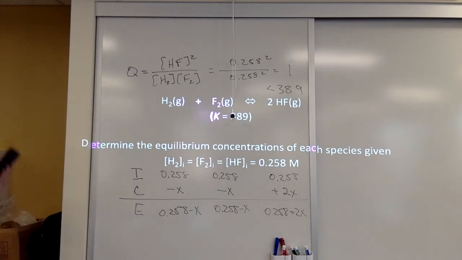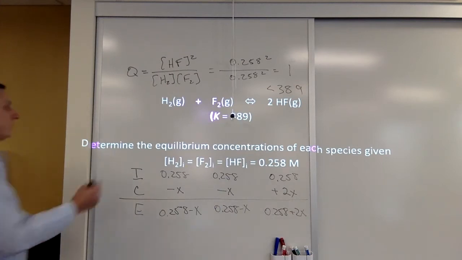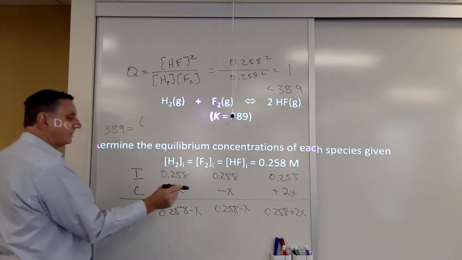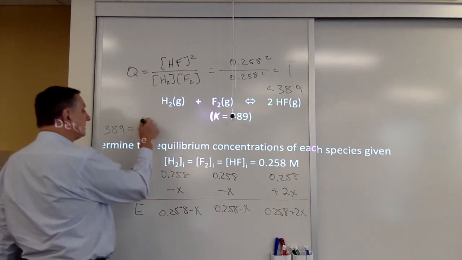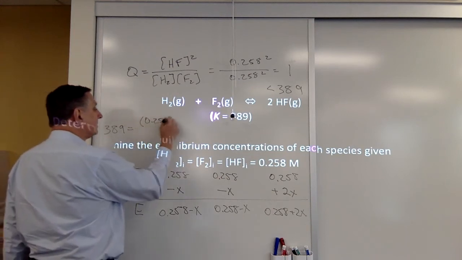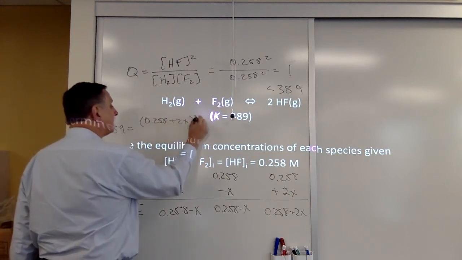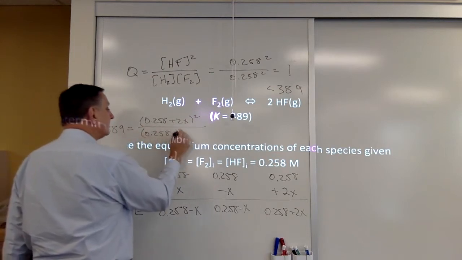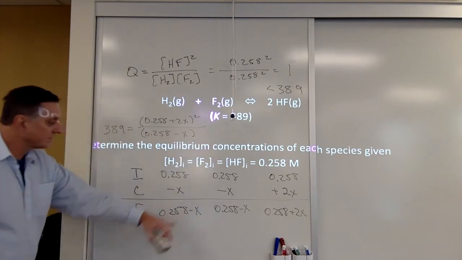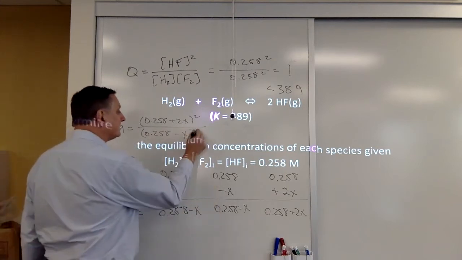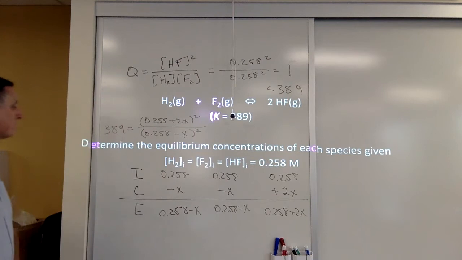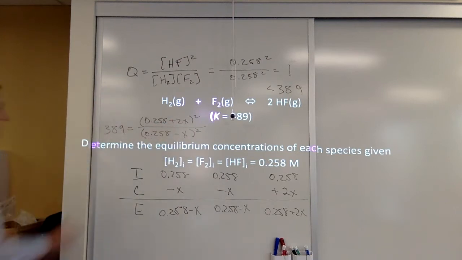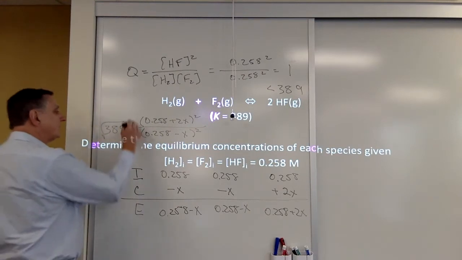Now, we solve for X. 389 is equal to (0.258 plus 2X) squared all over (0.258 minus X) squared. It's a squared number, so we can just take the square root of both sides.